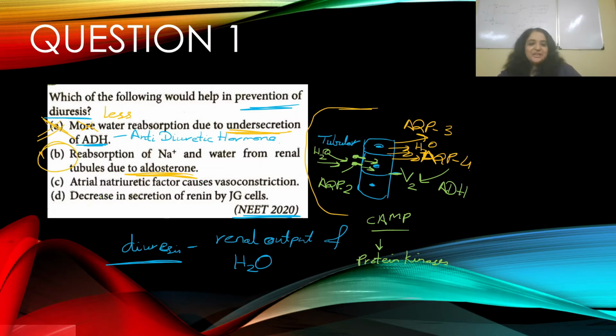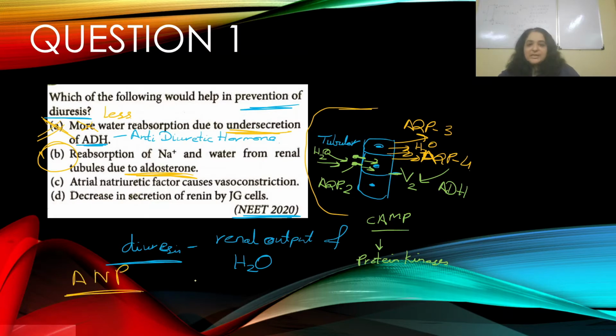C. Atrial natriuretic factor causes vasoconstriction. Now, it's not actually atrial natriuretic factor, it's atrial natriuretic peptide. That's how it's denoted in medical textbooks. But if NCERT is writing it as factor, just follow that. But ideally, it is ANP.